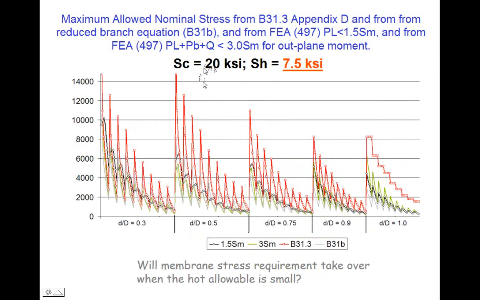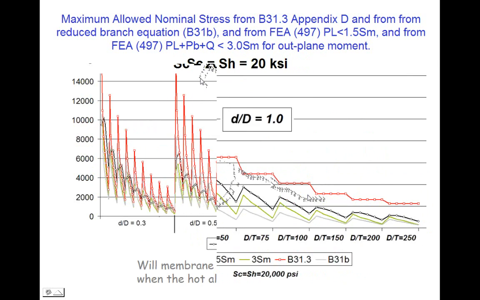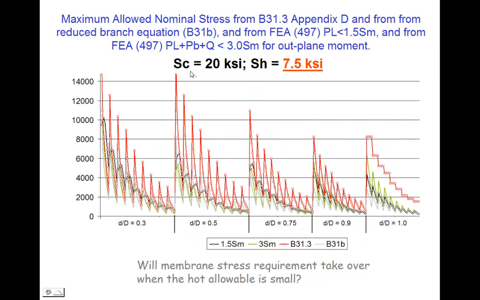The next question we want to ask is, the previous plots were all based on an SC and an SH equal to 20 ksi. Does the 1.5 SM control now when the hot allowable drops? Because if you recall, that's when we said it had the most impact on the criteria. So here is a reproduction of the plot with a reduced hot allowable.